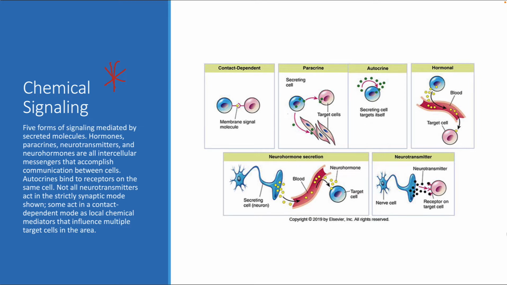So, contact dependent is where you have one cell that has a substance on it, a messenger, that gets picked up by another cell. So it's one cell that is expressing something to another cell. This is a large part of how our immune system works, from this contact dependent stuff. Okay, so learn that, immune function.